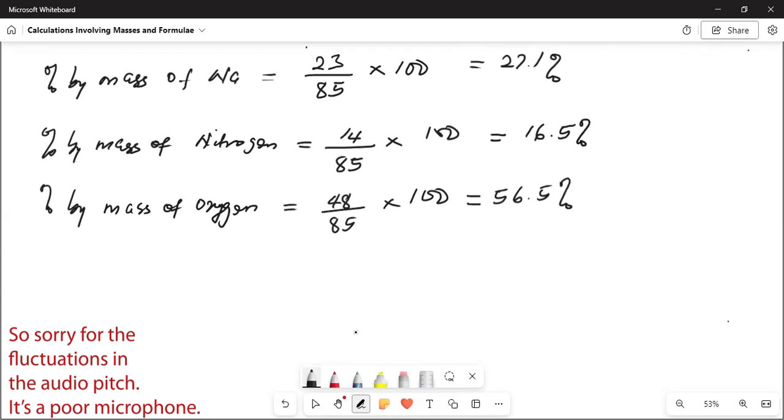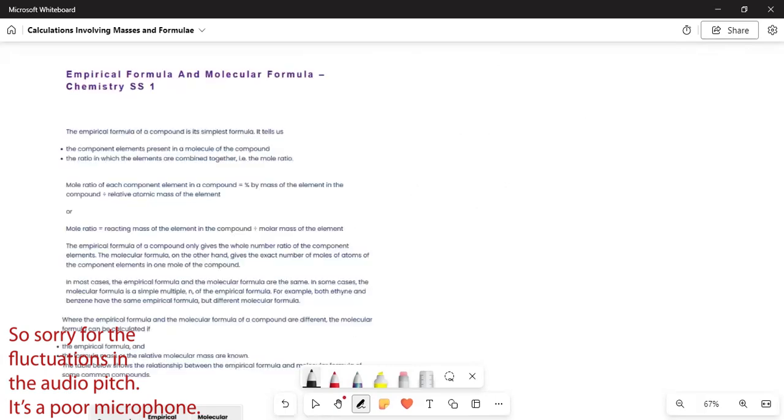Another important calculation we can obtain from formula mass is the empirical formula and molecular formula. Now, when we say empirical formula, that word empirical means the simplest form of something.